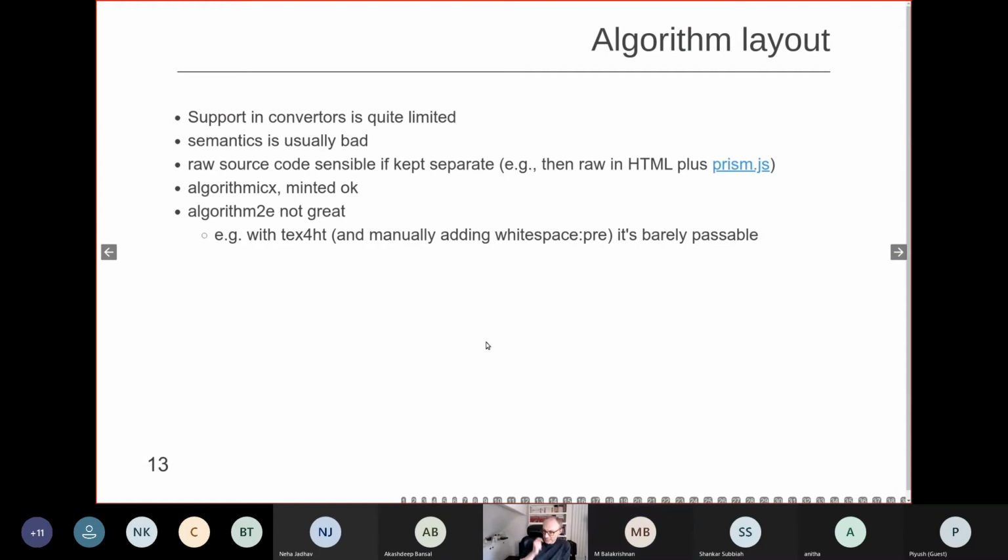Another issue that particularly comes up for people like us who write about computer science is that algorithm layout is generally badly supported when it comes to converting elements. There are various ways to do this. One is to use a system called Prism.js, which allows you to include raw source code easily into HTML elements.